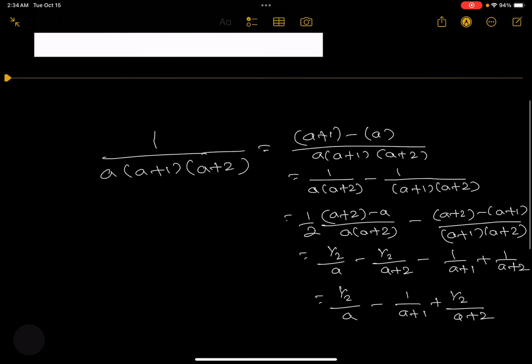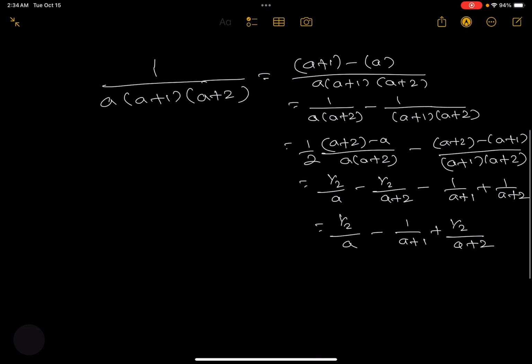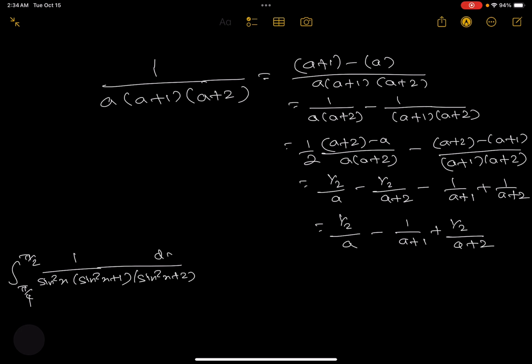Now using this, let's try to decompose the given integral. Integral from pi by 4 to pi by 2 of 1 by sine square x plus 1, sine square x plus 2 dx.